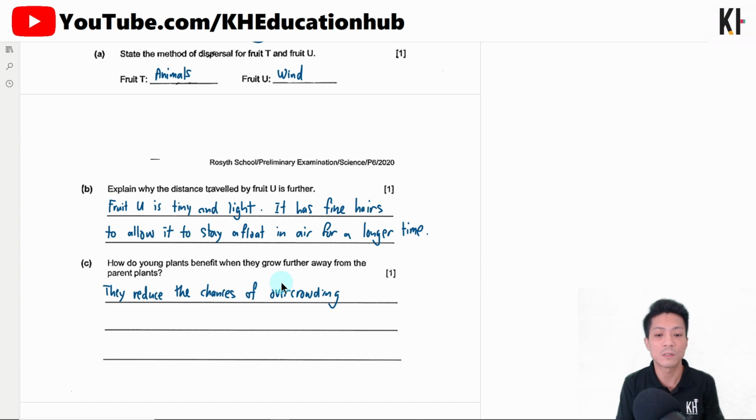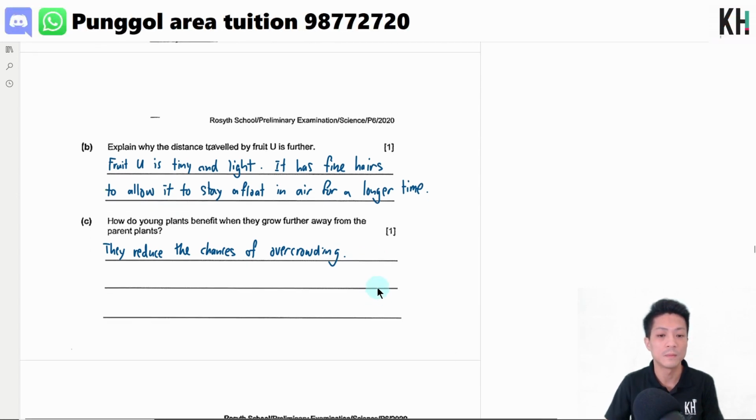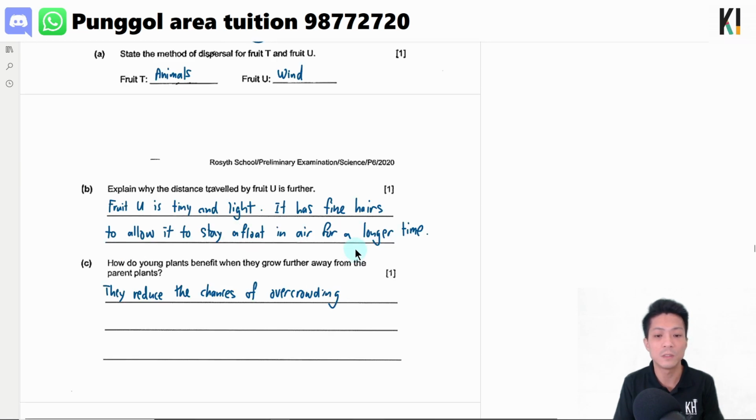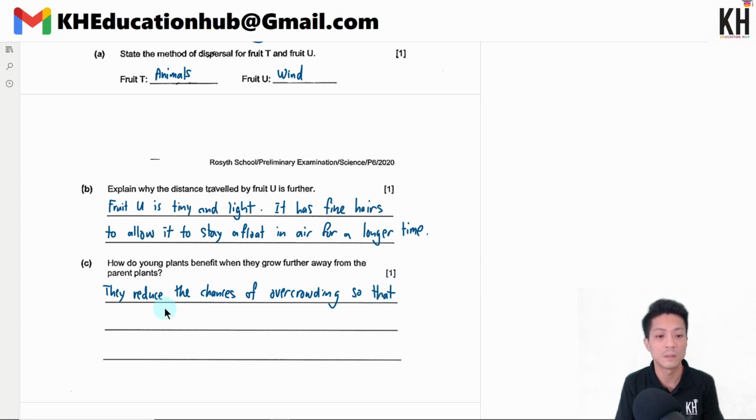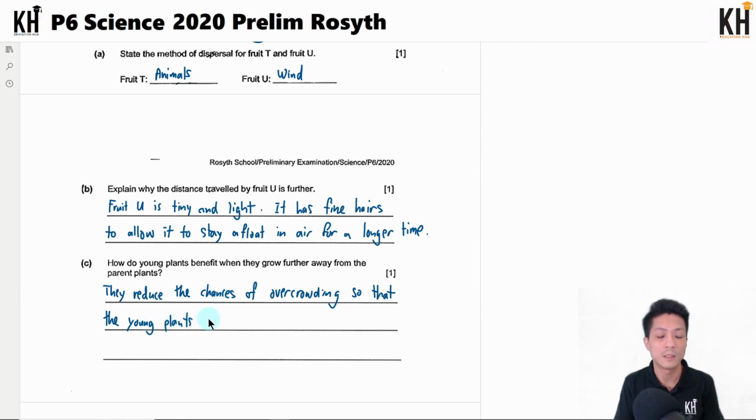They reduce the chances of overcrowding, so that young plants grow better.